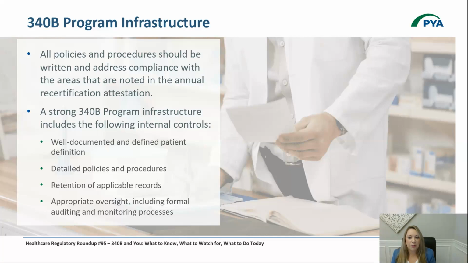And so making sure that whatever is documented, in the event of an audit, we as PYA are going to expect that your policies and procedures reflect your current process. We will ask questions of the people involved with 340B to test that. That is also what HRSA will do in the event of an audit.